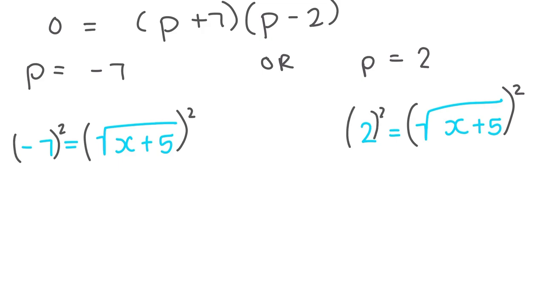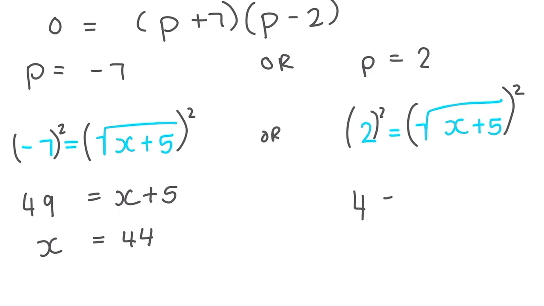So I'm then going to land up with 49 equals x plus 5, meaning that x had to be 44. Or I'm going to have that 4 is equal to x plus 5, and that x is equal to negative 1.